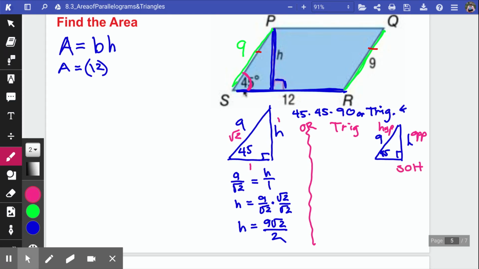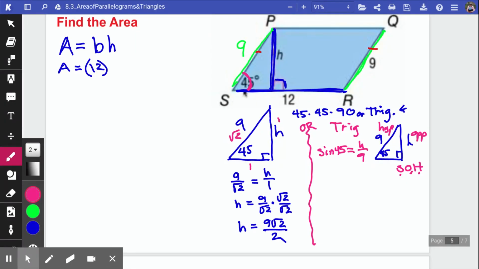Sine is opposite over hypotenuse. So the sine of 45 is equal to h over 9. Just be careful that this h stands for the height, not the hypotenuse.